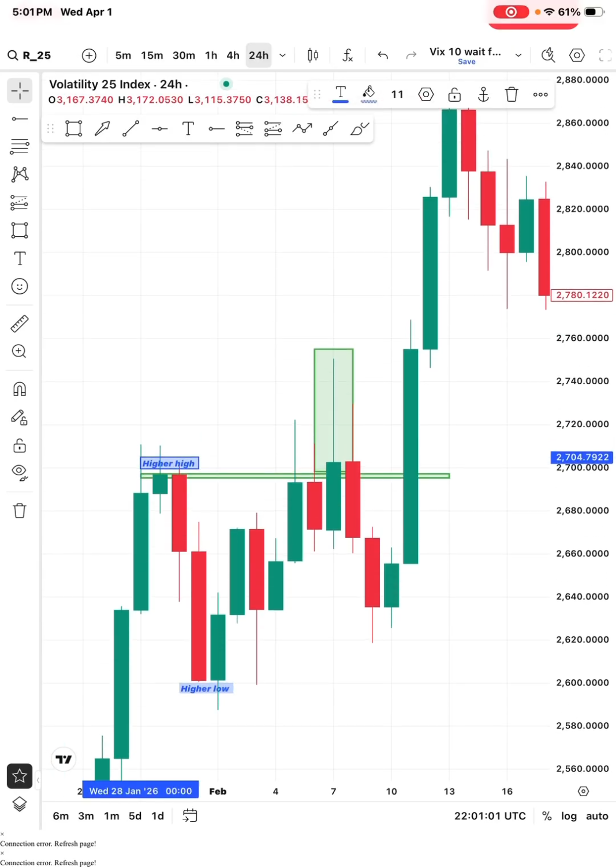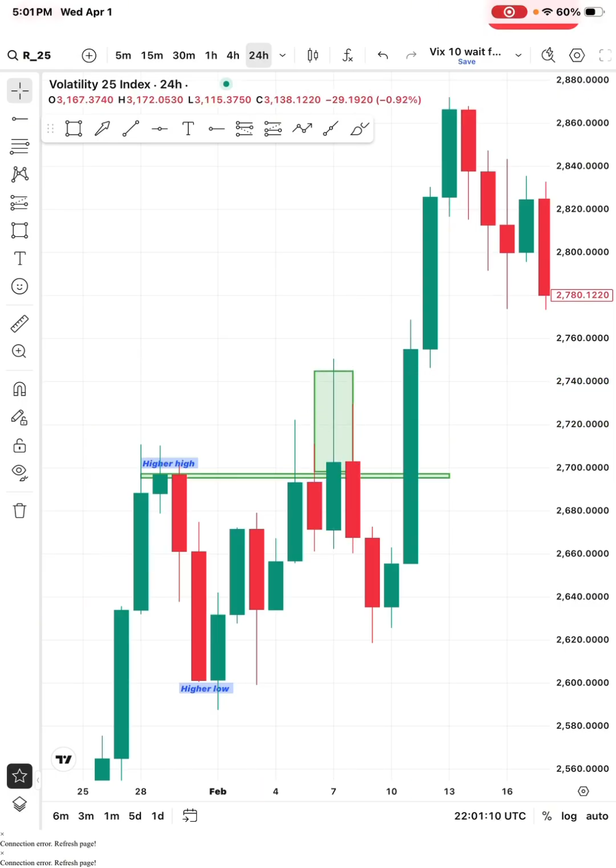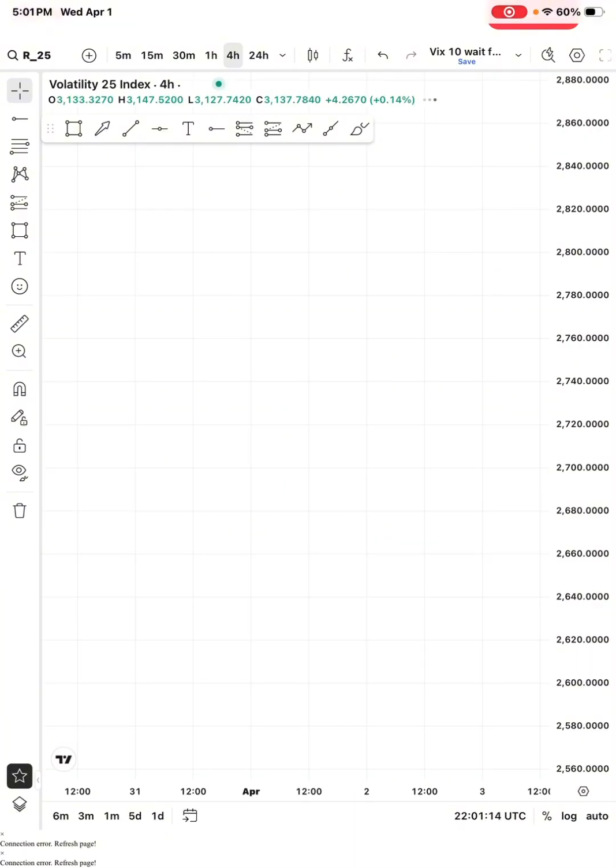Price pushed past this higher high, so price indicated that it won't go higher. So we put the indication in green, and we're now going to drop to our lower time frame. We're going to go to the 4-hour.